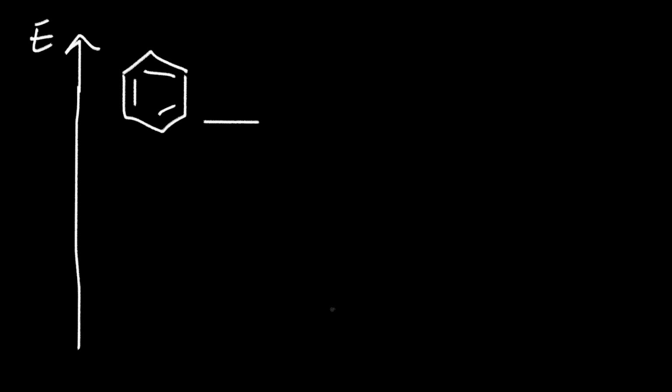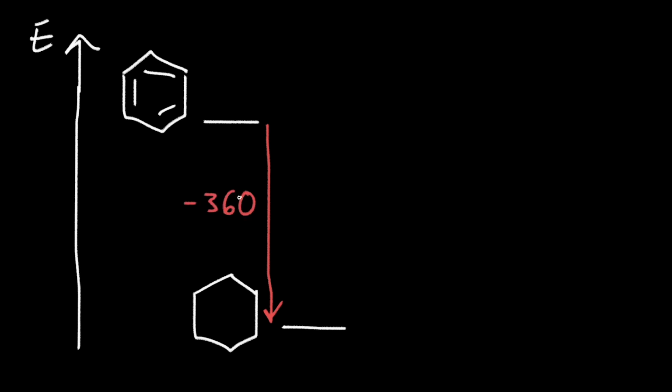To explain this, we can draw a diagram to show the energies of the various species in this reaction. So up here we're going to have Kekule's structure with an energy there. And then down here we're going to have our cyclohexane that we're converting it into. So this gap here is the minus 360 kilojoules per mole. Now the actual enthalpy change is minus 208.